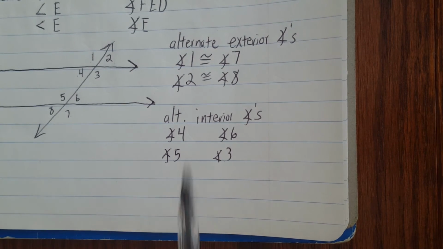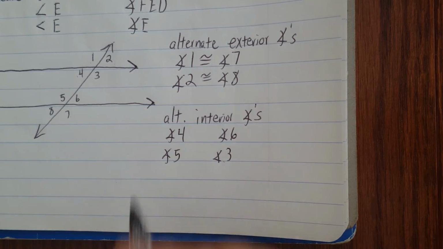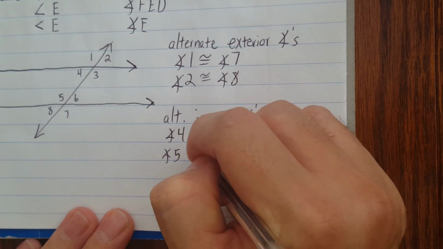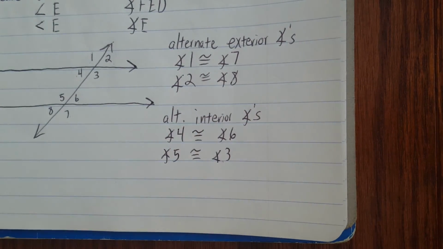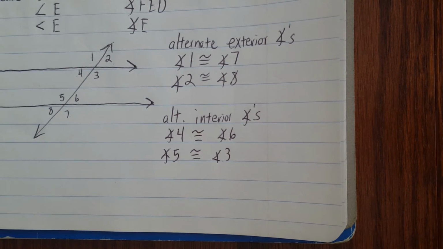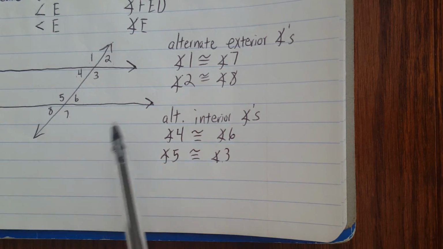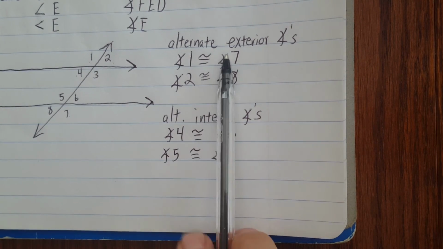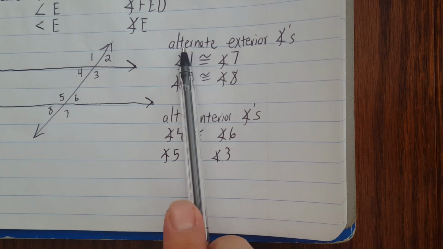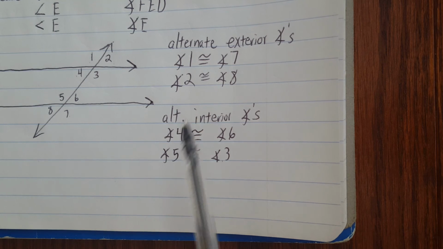So just as I had for the exterior, alternate exterior angles being congruent, that's also true for the alternate interior angles. So this is a very important thing in geometry, that you have a bunch of angle relationships happening here, and basically what it comes down to is that they are congruent. The exterior angles are going to be congruent, especially the alternate ones, only the alternate ones, excuse me, and the alternate interior angles will also be congruent.